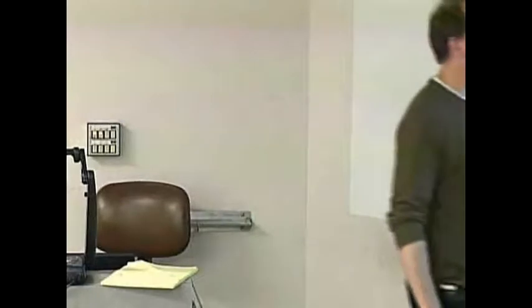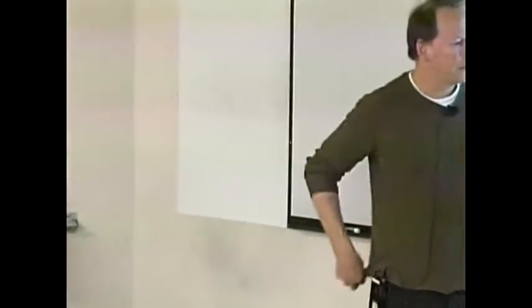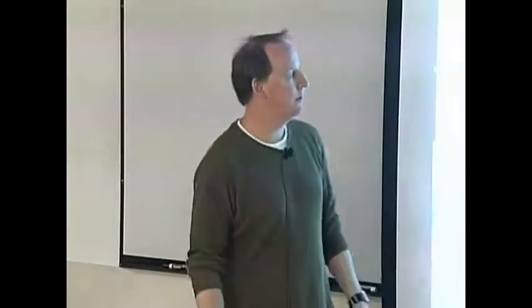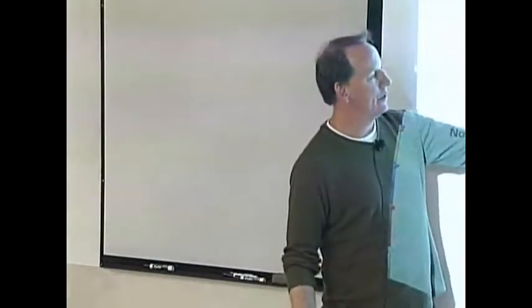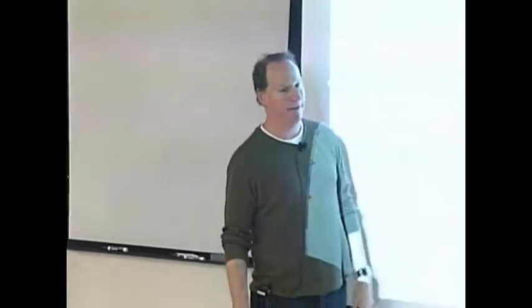Continuing on with continuously compounded returns, one of the nice features of the continuously compounded return is the relationship between single period continuously compounded returns and multi-period continuously compounded returns. So here we're going to look at a 2-period continuously compounded return.